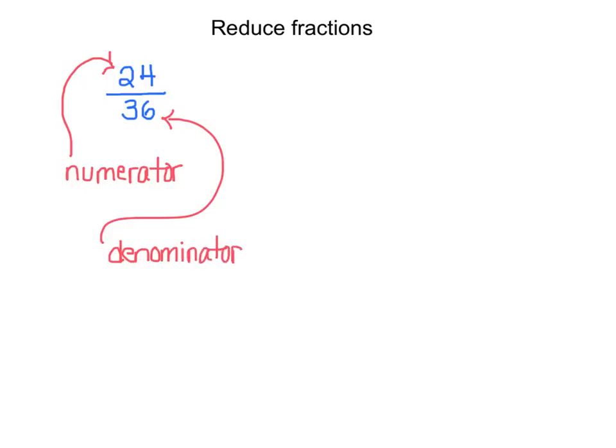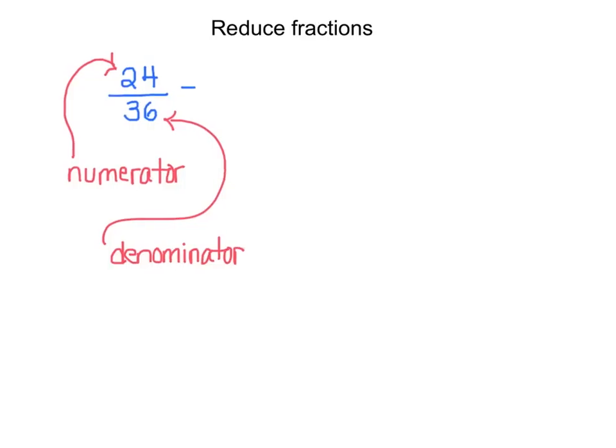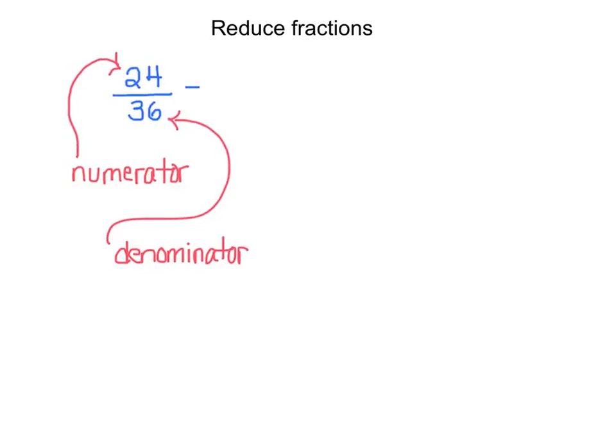Now if you look at these, this is not fully reduced. What we need to do here is reduce it down by finding common factors that are in the numerator and the denominator. So let's take a look. Let's do some prime factorization for 24 and 36.